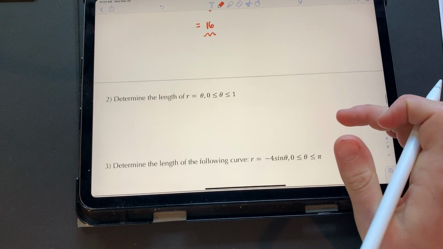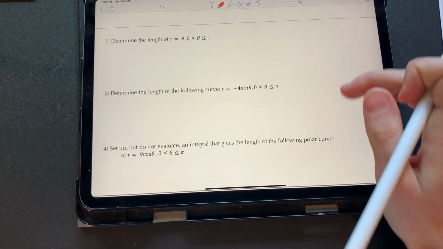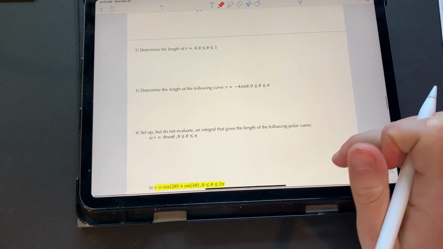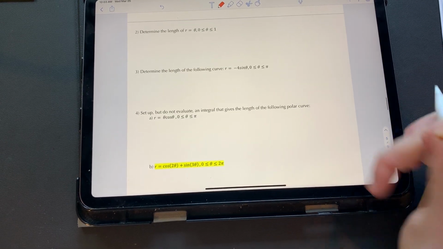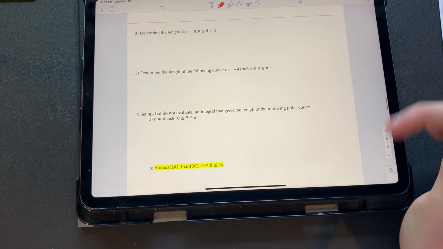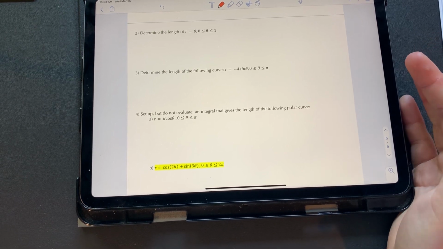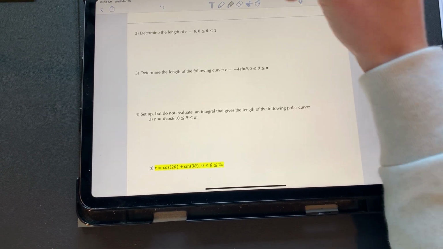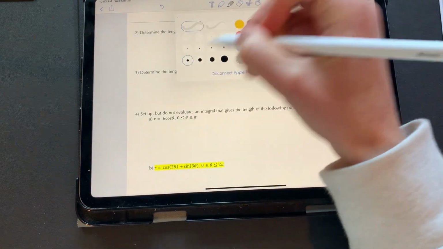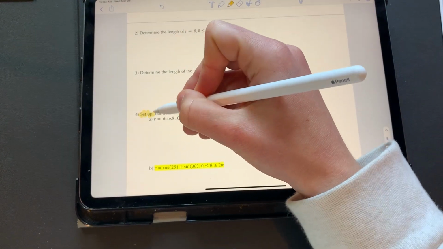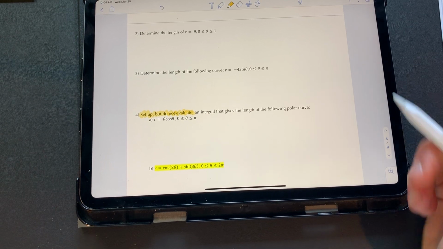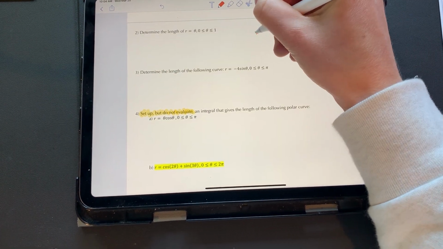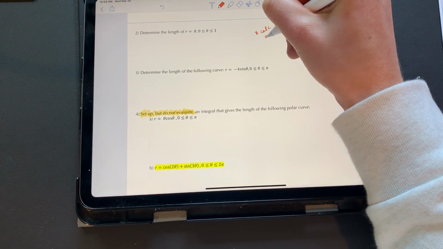As long as you know what the formula is, we really just need to apply it. So I'm going to put up 2, 3, 4, A and B. For number 4, it says set up, but do not evaluate an integral. For number 2, calculator is okay.